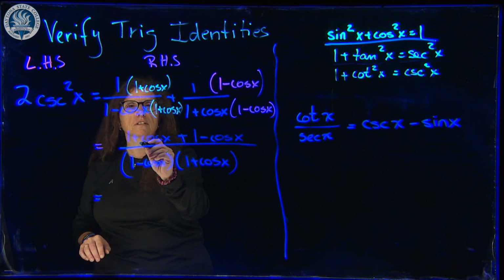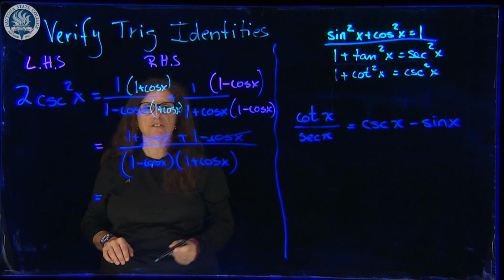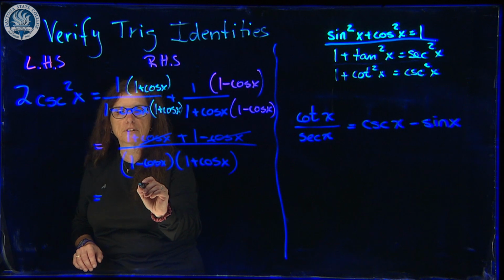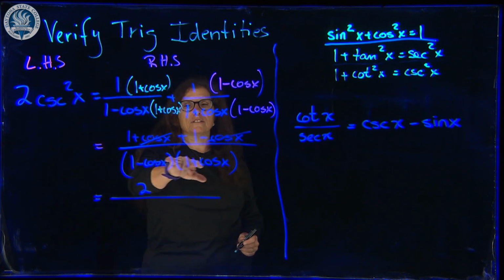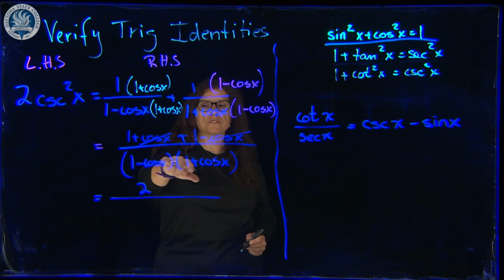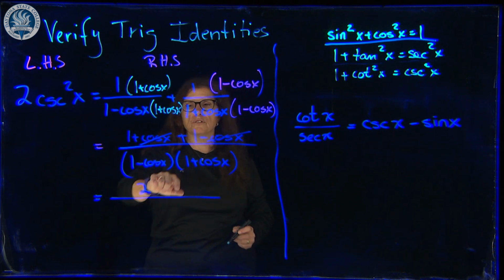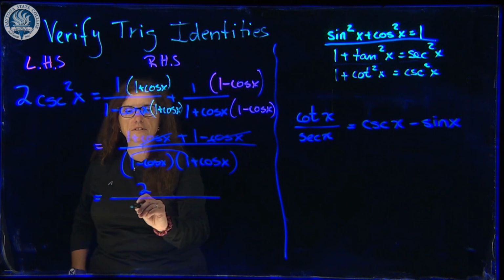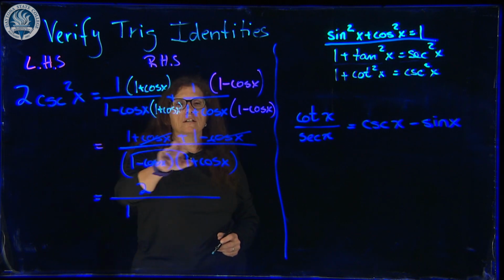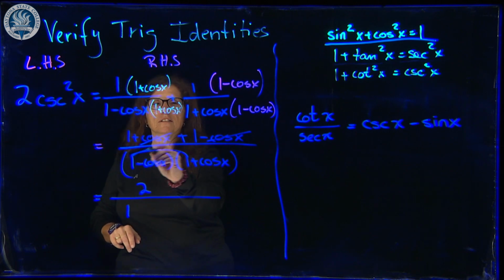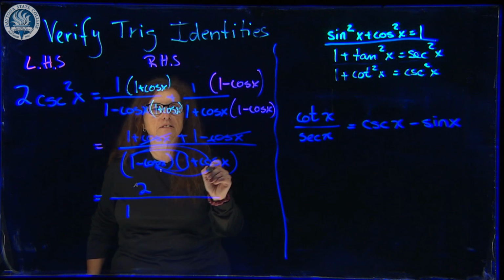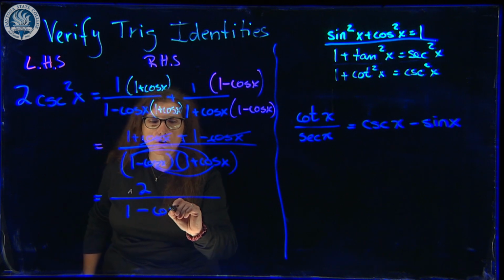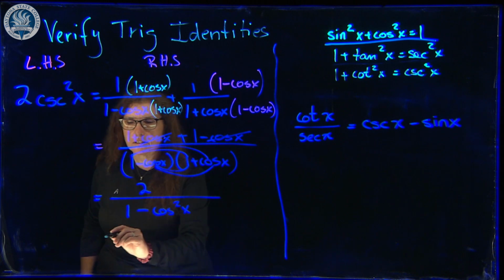You can see that the cosines cancel each other out, and what we have in the numerator is a 2. Now in the denominator, this is the factoring of a difference of 2 squares. If you multiply this out, you get 1, and then a plus cosine x and a minus cosine x cancel each other out, and then minus cosine squared x.